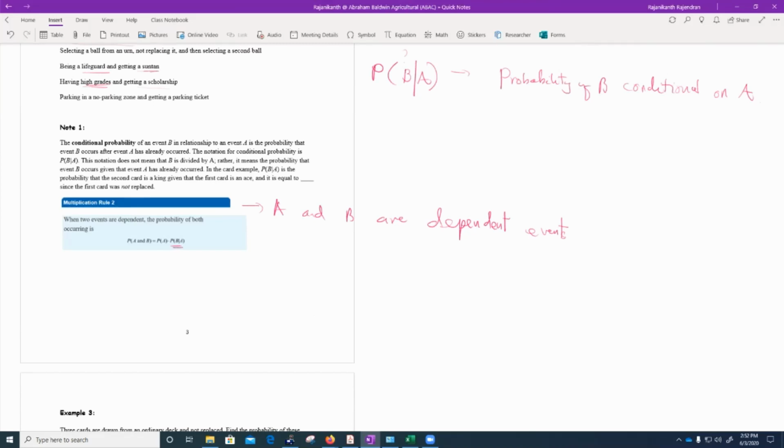Earlier we had just P of B. Now instead of P of B here we have P of B given A because of the conditional. Okay, so when you perform problems with A and B probability, ask yourself whether A and B are independent. If it is independent, use the first formula we learned. If it is dependent, then use the conditional formula. We will do some examples, then you will understand.